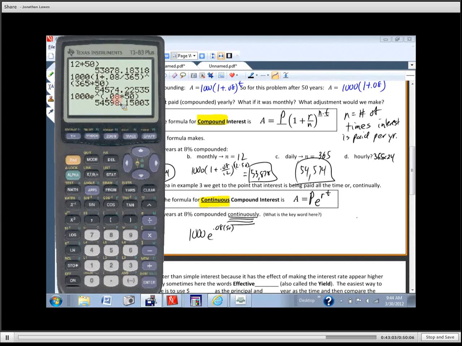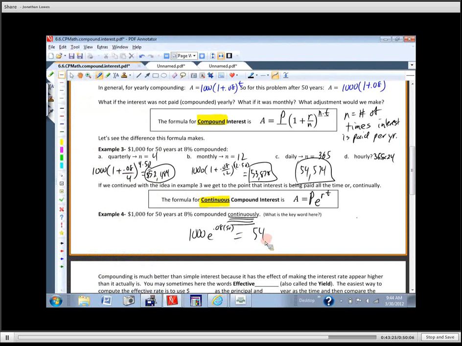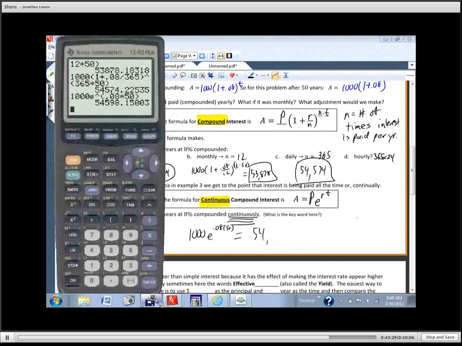Oh, okay. So Josh went through and he computed what it did for an hour, and it only makes $1 difference. Okay? So if you paid interest every hour versus paying interest every millisecond, it only makes $1 difference in the end. Okay? So again, the powerful thing is compounding over simple interest. Okay, any questions there? So 54,598, is that what it was? 598.